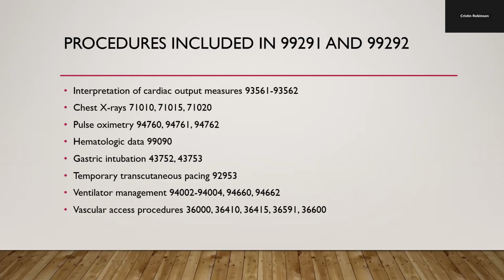It is general, meaning they are commonly done and it is not outside the norm of a separately billable procedure. So this includes interpretation of cardiac output measures, chest x-rays, pulse oximetry, hematologic data, gastric intubation, temporary transcutaneous pacing, ventilator management, and vascular access procedures.